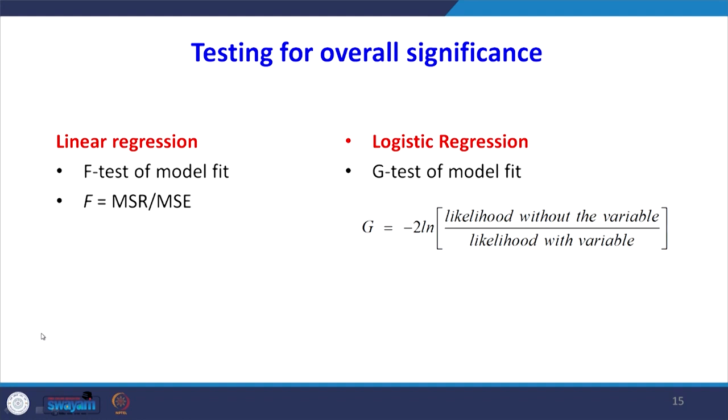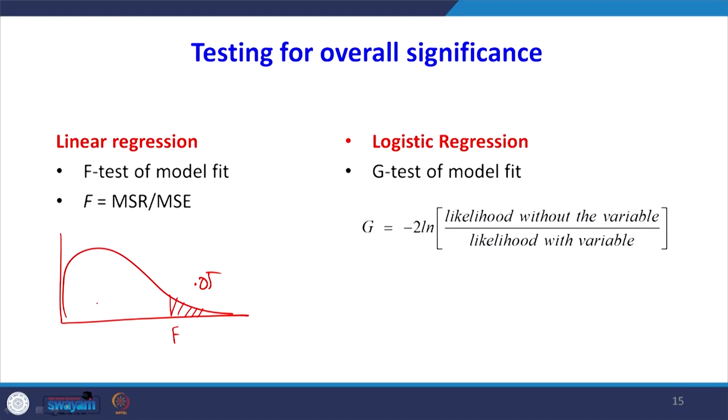Then the F distribution will follow like this. Suppose this is 0.05, we will get the corresponding F value. This is our calculated F value. If the calculated F value is lying on that side, we will reject the null hypothesis. If it is lying on the acceptance side, we will accept it.